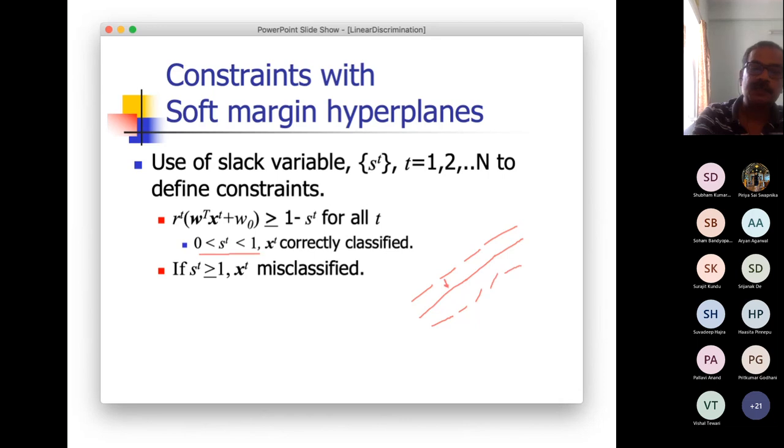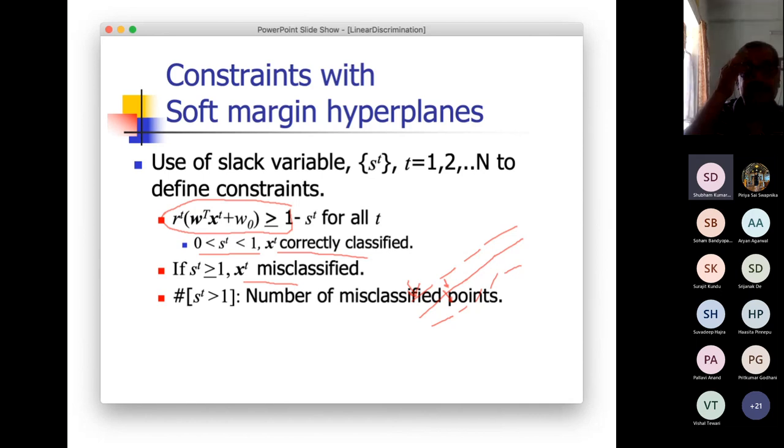With the tolerance between 0 and 1, x_t is still correctly classified, though it is not satisfying the hard constraint of the linear SVM case. With the slack variable it is satisfied, and it is still correctly classified. Once s_t is greater than 1, this sample will be intruding, with respect to this hyperplane, into the region of the other class. So then x_t will be misclassified.